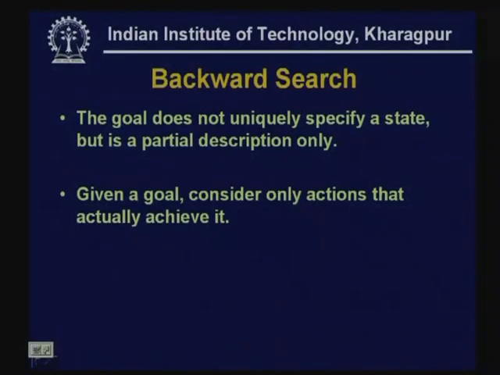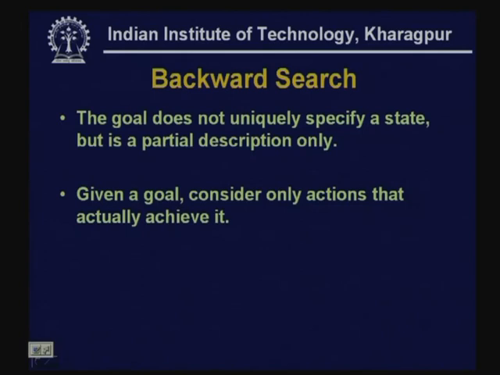But in backward search, we have to take care of certain issues. You cannot straightforwardly do backward search from the goal just like we do forward search from the start state. Why? Because for one, the goal does not uniquely specify a state, but is only a partial description of the state.